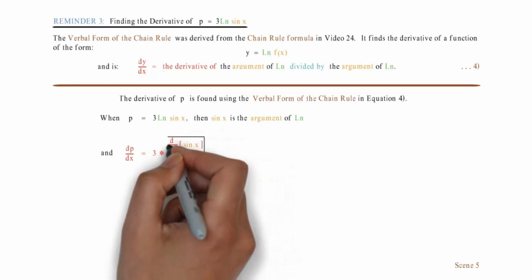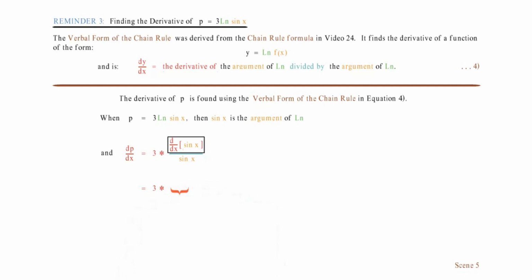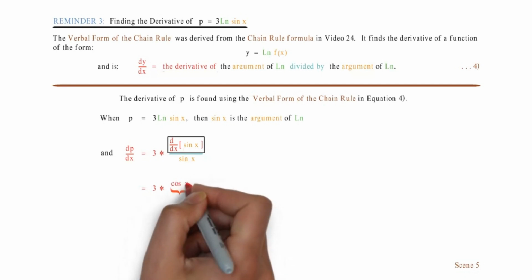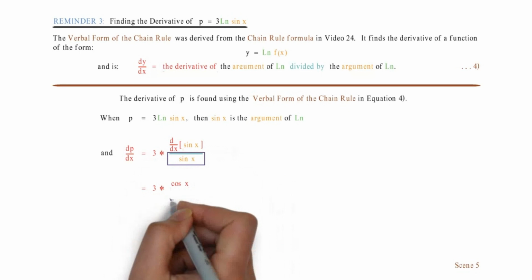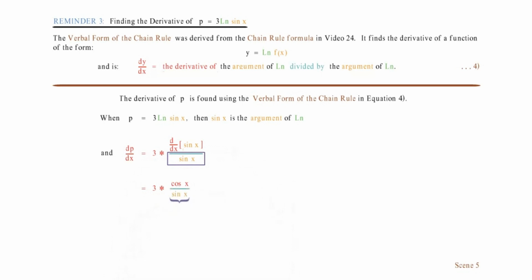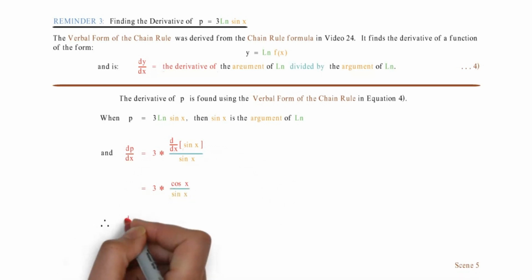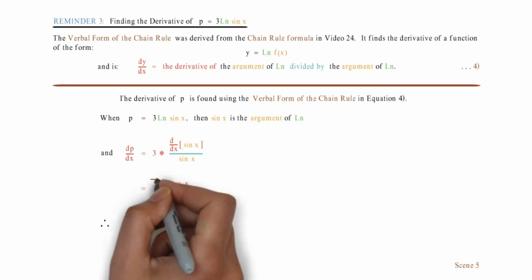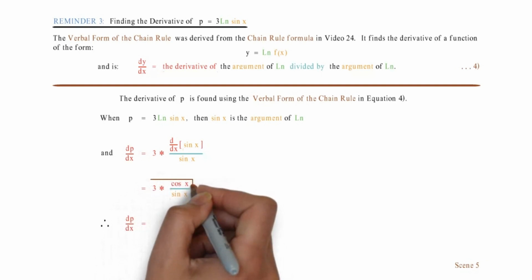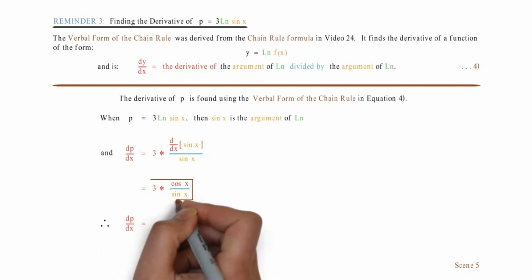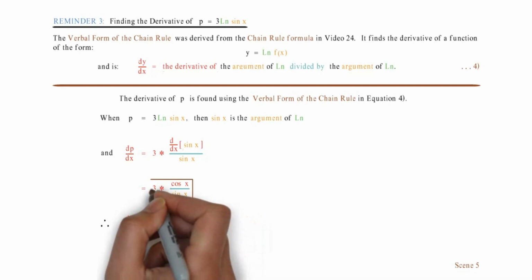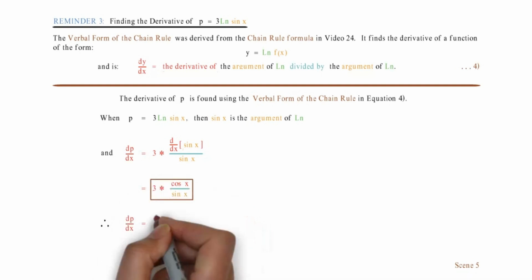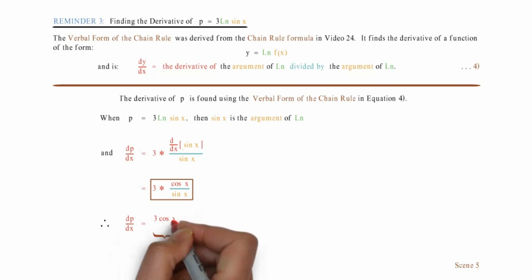This derivative is equal to cos of x. Bring down. Therefore, dp by dx equals 3 times cos of x divided by sine of x, which is 3 cos of x divided by sine of x.